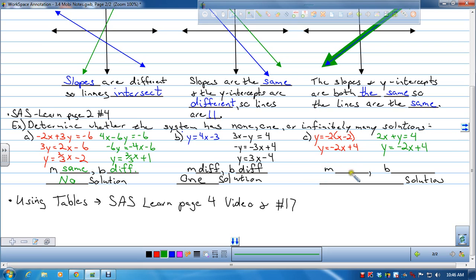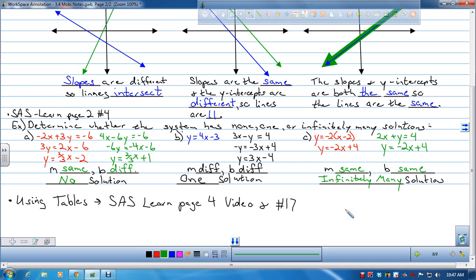It appears that my slopes are the same. My y-intercepts are the same. Therefore, these are the same line, meaning I will have infinitely many solutions.